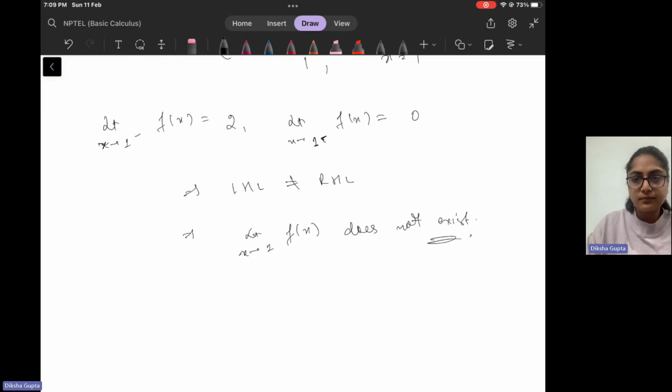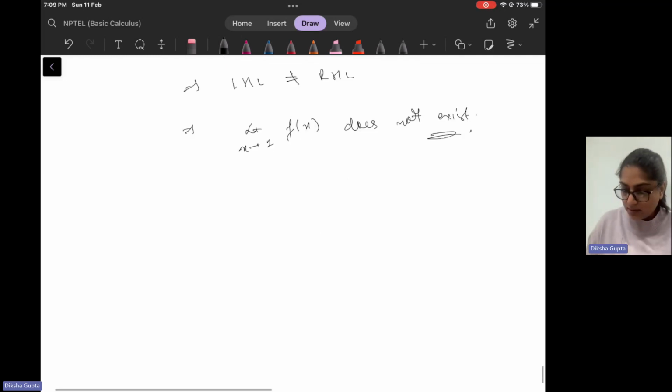Okay, so this was one question on left hand and right hand limit, which was based on the modulus function. And now a very common question upon right hand and left hand limit is when it includes the exponential function. So firstly note that this will be question number 11.